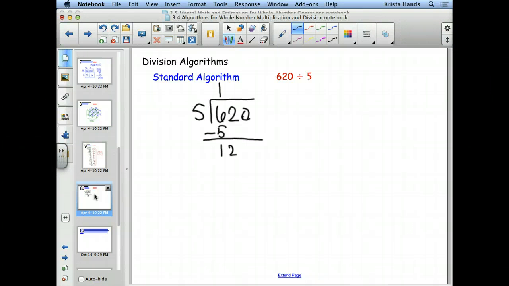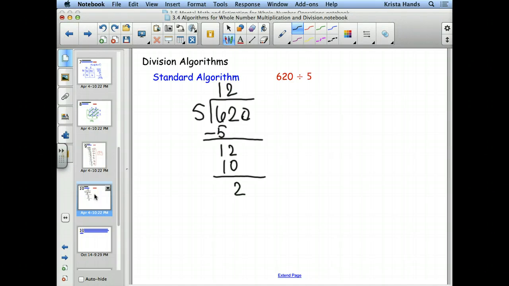Now when you look at 12, again, you have to know your multiplication facts. You have to know how many times you can multiply 5 and it still go into 12. And it's 2. And then you have to, again, know multiplication facts enough to say 2 times 5 is 10. But again, it's really not 10, it's really 100, right? That number's really 100, which was 50 plus 50 from the previous slide.